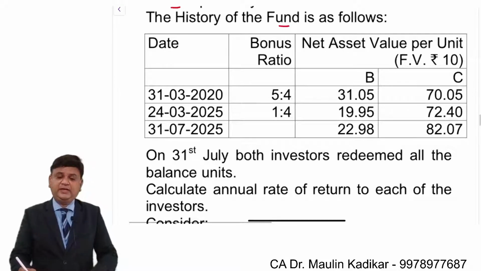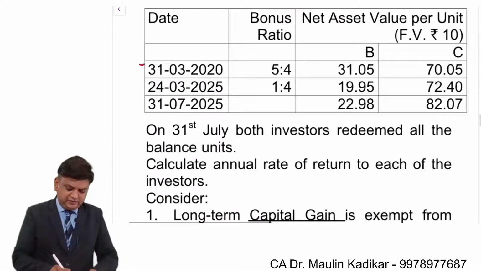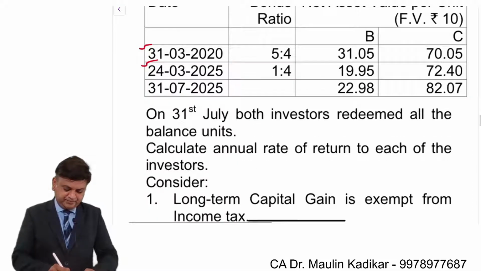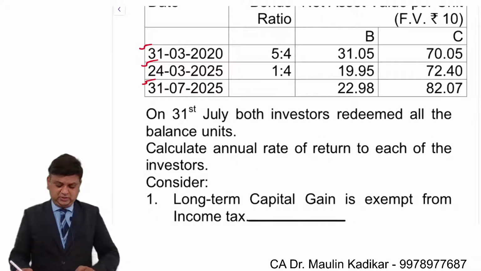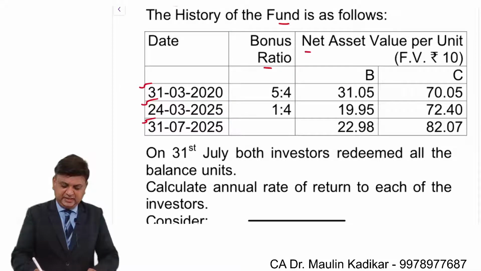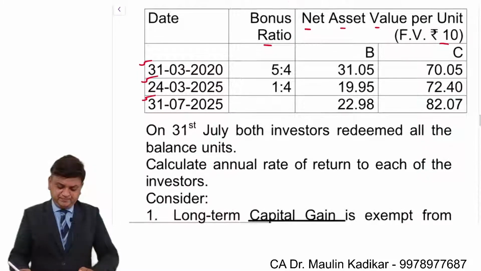The history of the fund is as follows. On 31st of March 2020, on 24th of March 2025 and 31st of July 2025, bonus ratio is given. Net asset value is given on per unit basis, it is rupees 10.